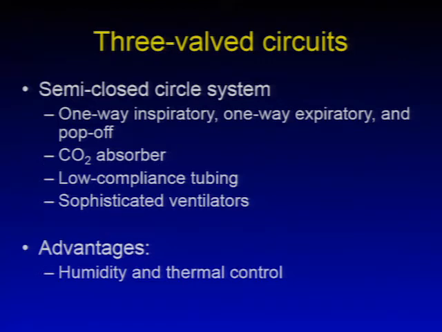These also include CO2 absorbers that nowadays have less resistance to flow through them, making them more compatible for use in pediatrics. In addition, there's low compliance tubing and more sophisticated ventilators that offer pressure support ventilation. As mentioned previously, compared to the Mapleson circuits, the three-valve circuits are able to conserve humidity and provide some degree of thermal control.